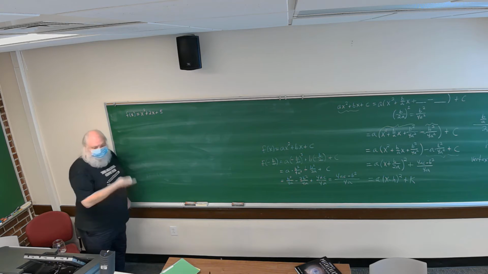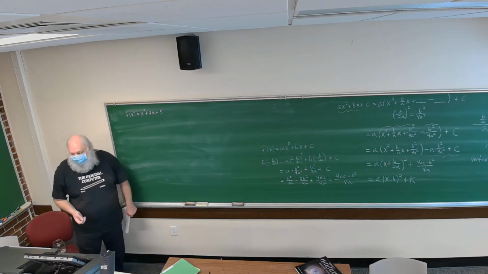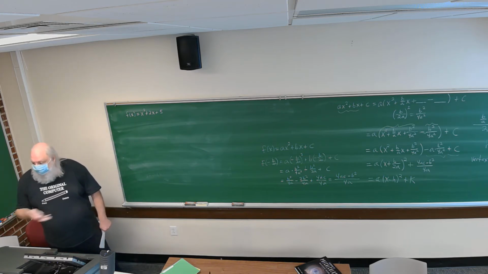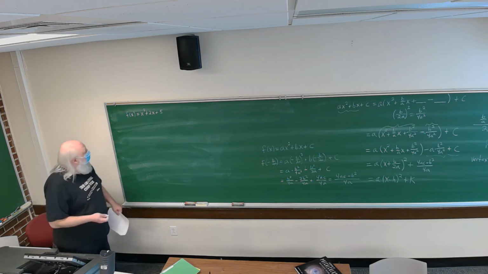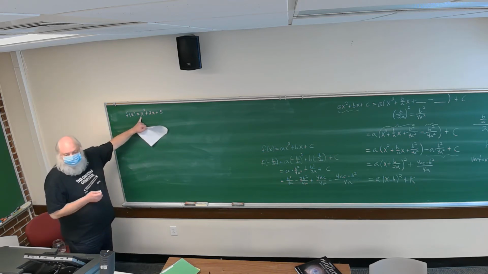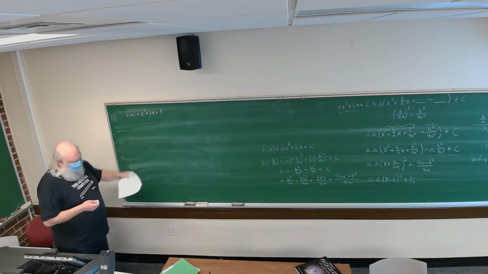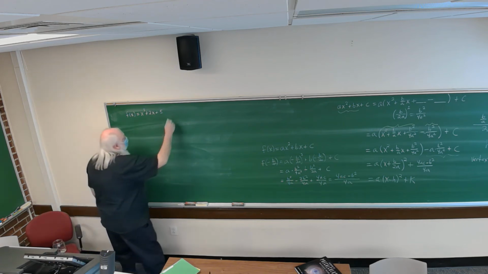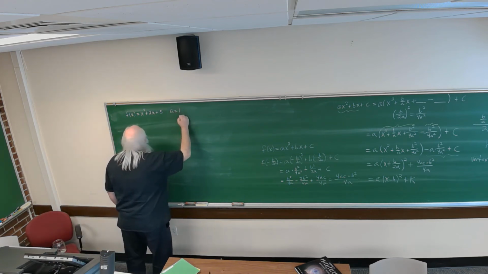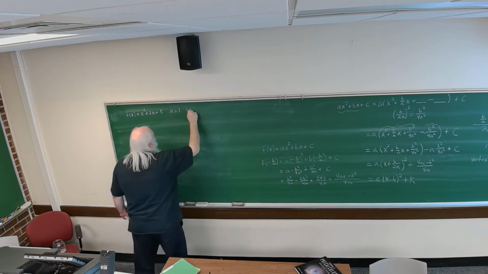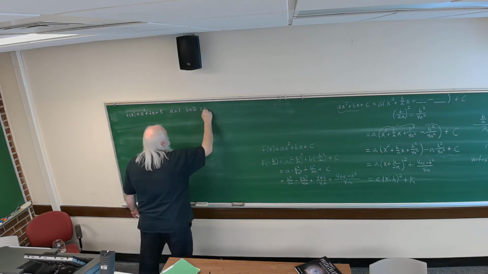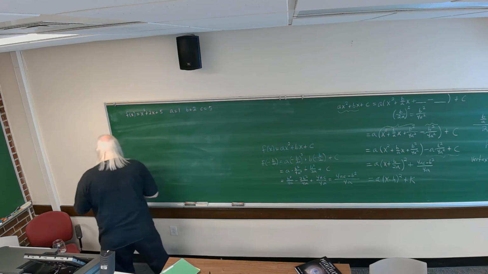Now in yesterday's lecture we learned how to find the vertex, but today we're going to do it differently. We're going to do it by completing the square. You notice there's the invisible 1 in front of x squared, so A is equal to 1 in this case. B is equal to 2. C is equal to 5.